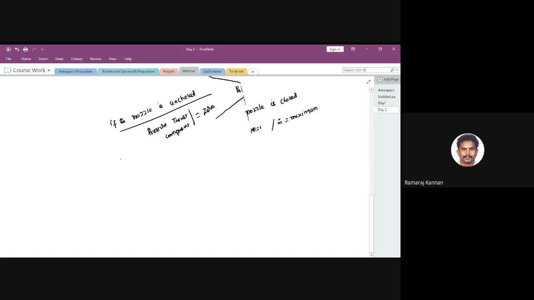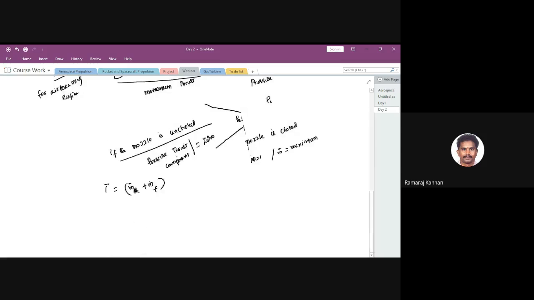Let us finish that. T is equal to (m dot a plus m dot f) into Ve minus m dot a into Va. So how we write it: we take m dot a outside, (1 plus m dot f by m dot a) into Ve minus m dot a into Va.